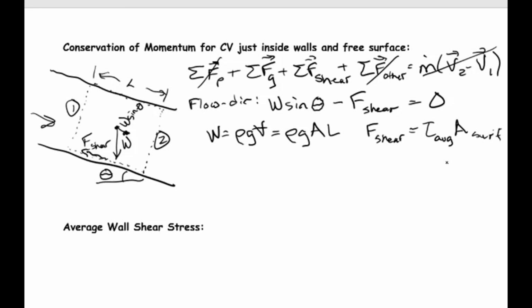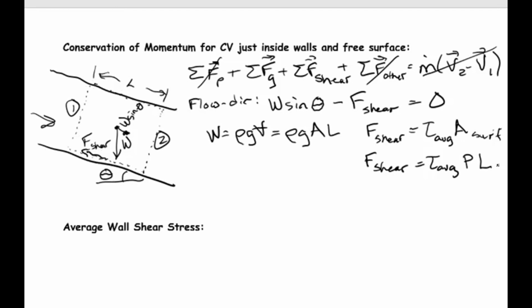F shear here is going to be your tau average times the perimeter that's touching the walls. Remember that wetted perimeter? So if we go all the way around here, down into the page, and then back up, that's our perimeter, and then times L, and that gives us our whole surface area.